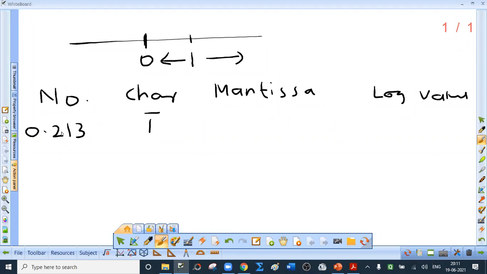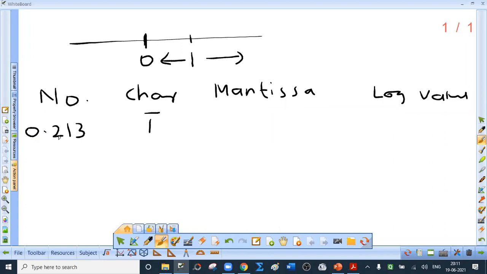Now find the number which is in row 21. Now you will ask me, sir, I cannot see row 0.21 because that row is not there. The first row in log tables is 1, 0. Means while finding logarithm, you have to forget decimal point and zeros if there are any after that.